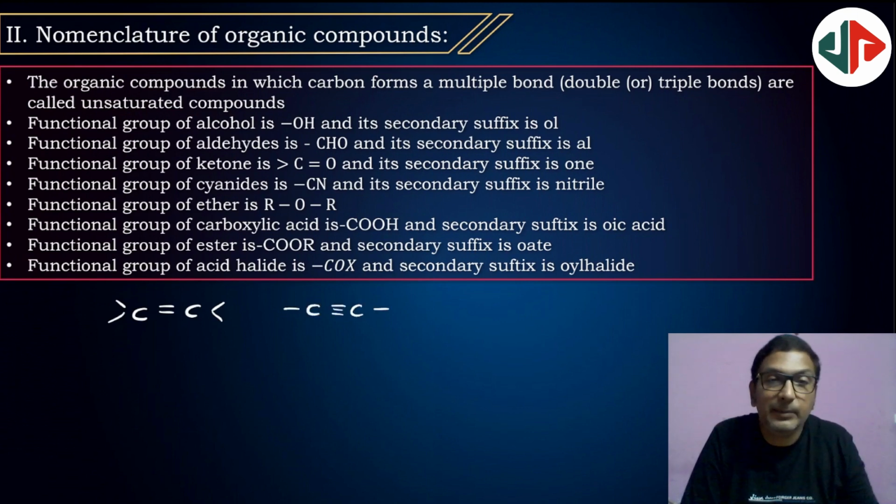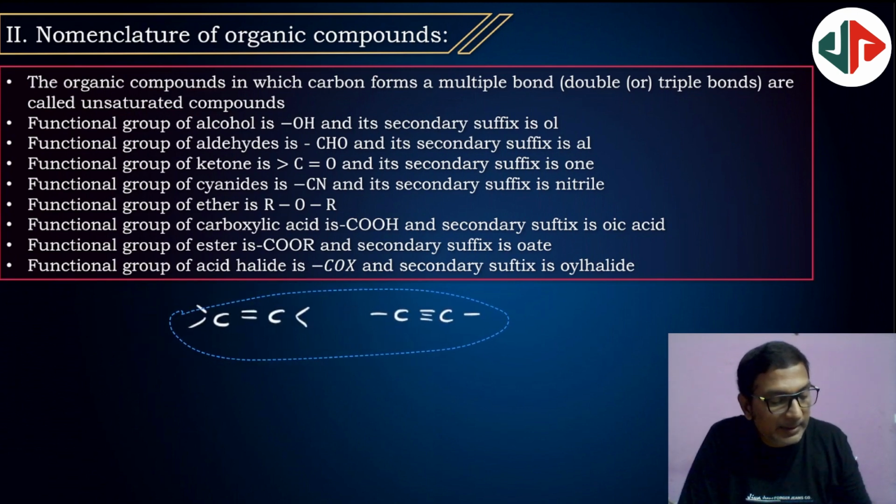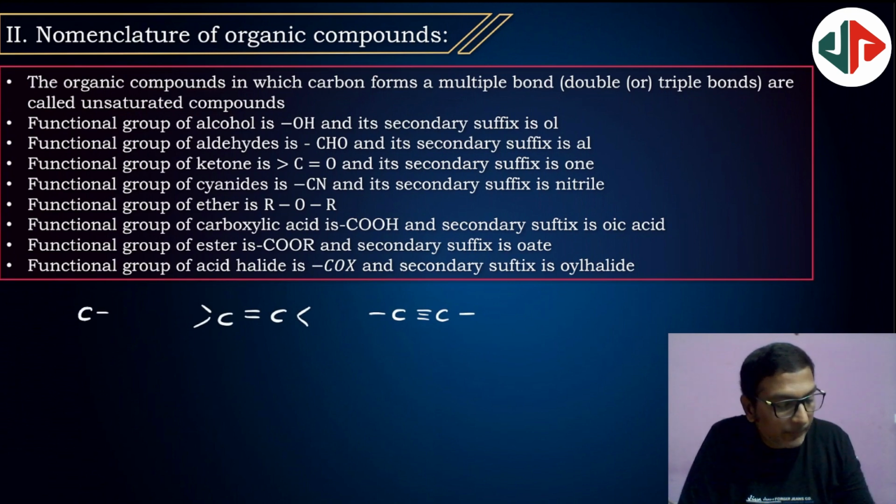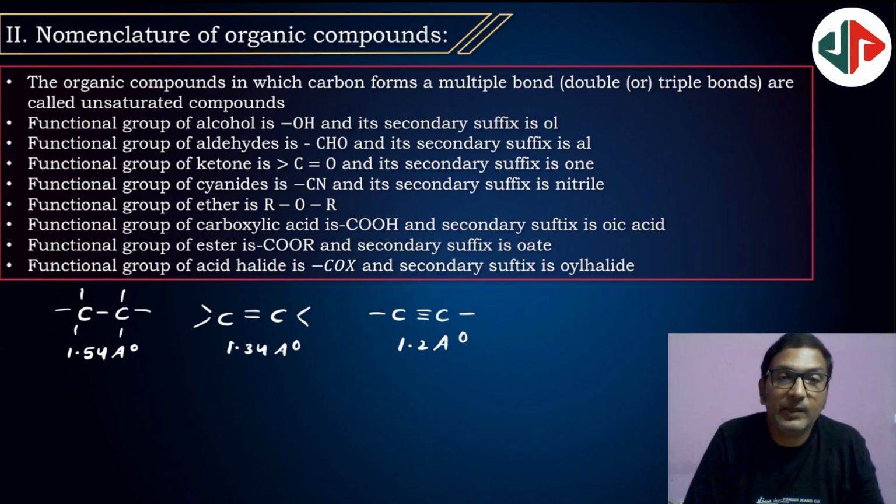These two are multiple bonds. Next, single bonds you can write like this, carbon carbon single bond. The carbon carbon distance we can write as 1.54 angstrom units. Here 1.34 angstrom units. Here 1.2 angstrom units. Remember carbon carbon bond lengths also.